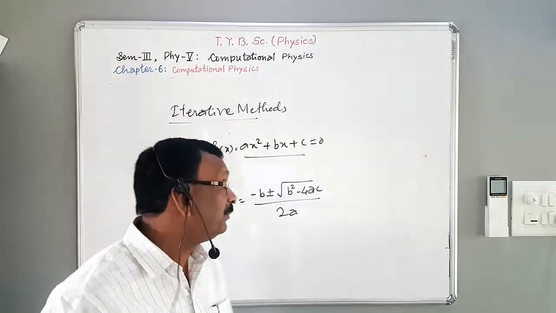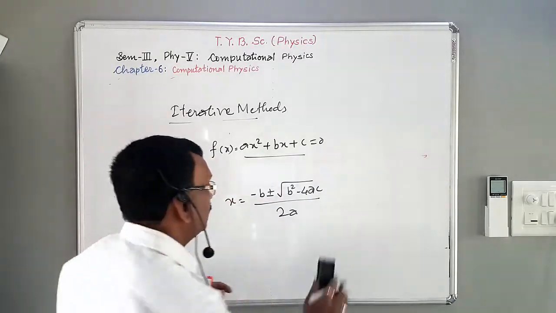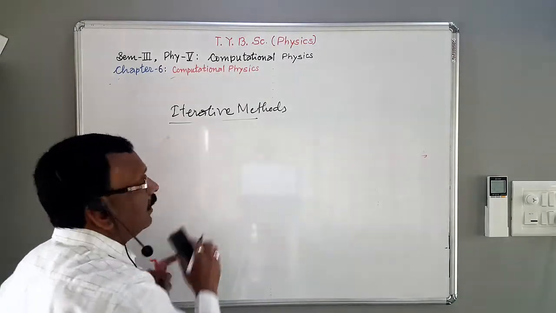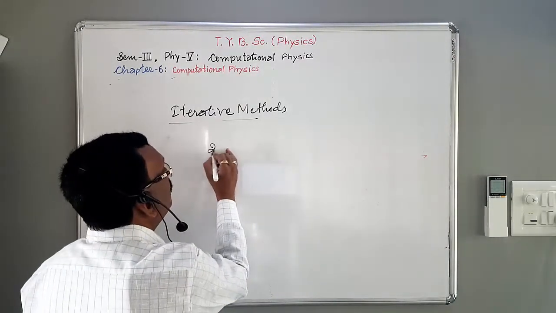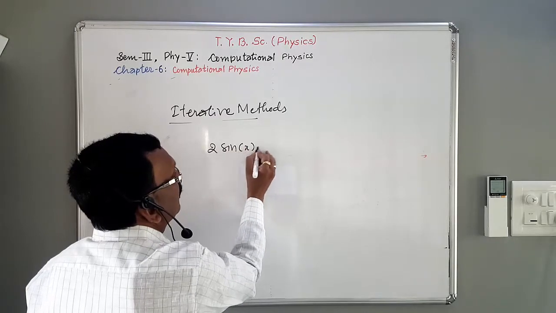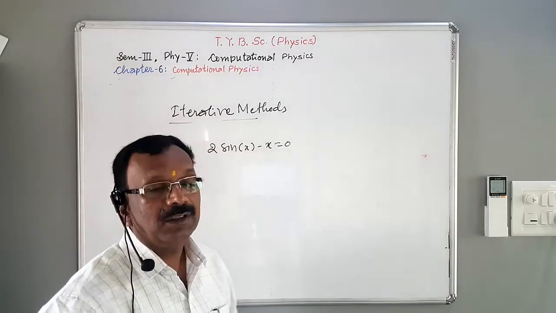But there are some equations like this: 2 sin x minus x is equal to 0.